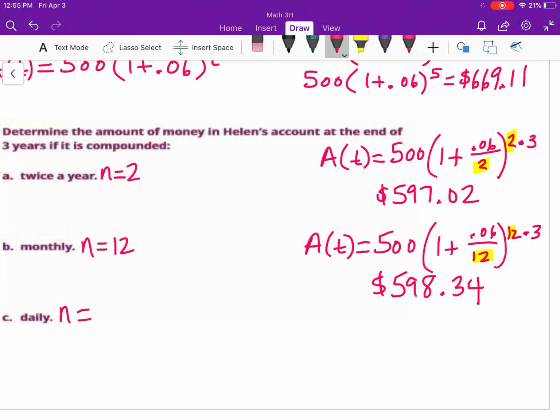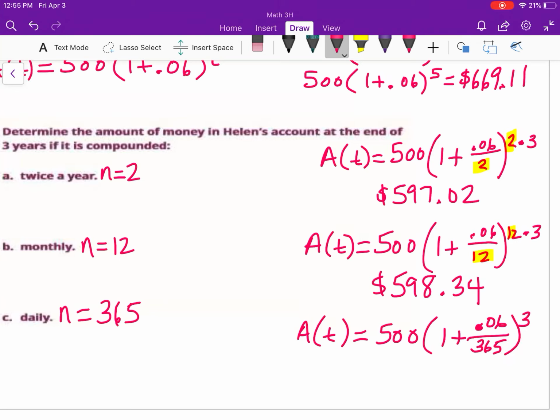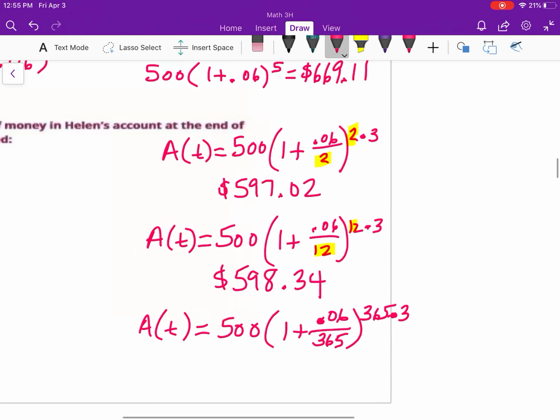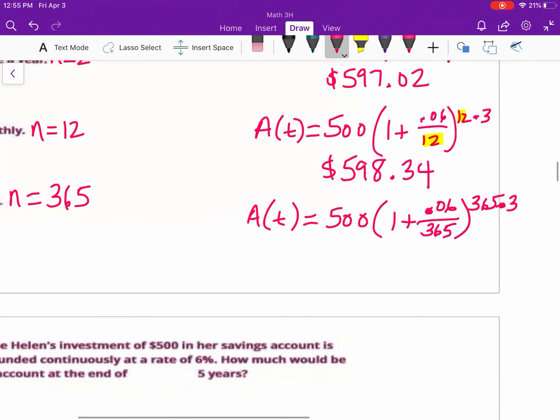The last one is daily. Well, how many days are in a year? 365. So A of t equals 500 times 1 plus 0.06 over 365 to the 365 times 3.